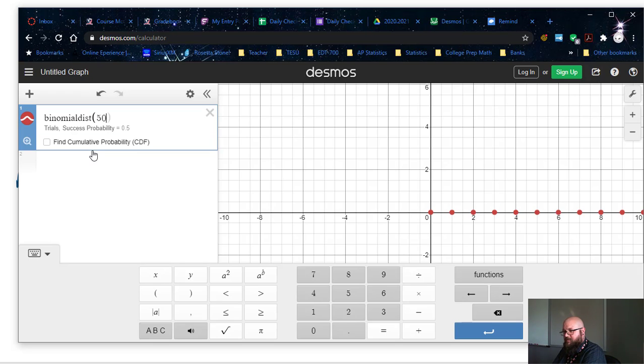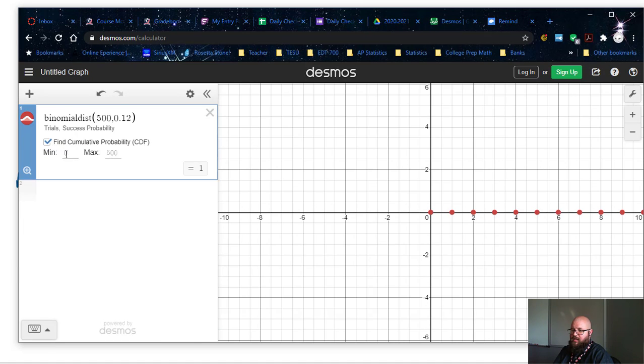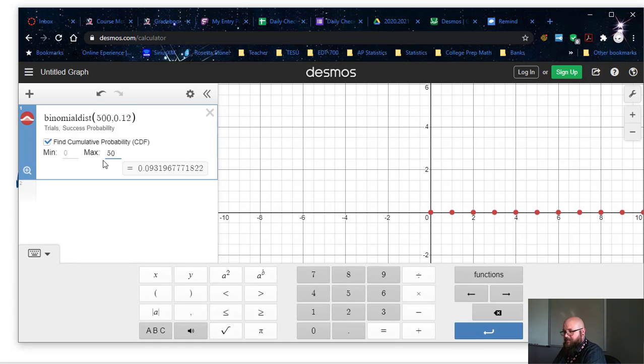So we had 500, and the probability was 0.12. And then you want to click on Find Cumulative Probability. Our min was 0, and our max was up to 50. And as you can see there, it gives us 0.093 as well. So the Desmos calculator can work on this as well.